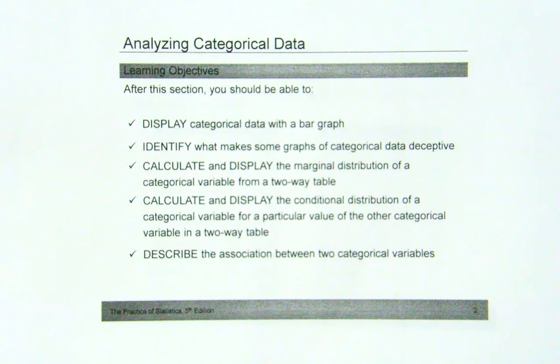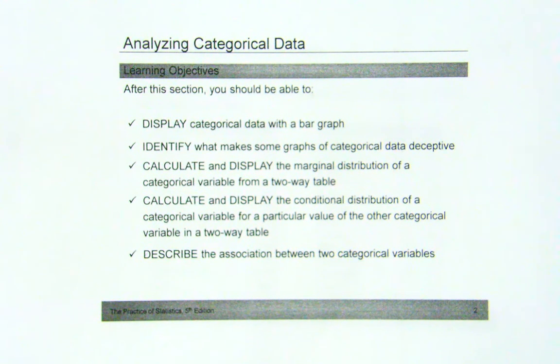In this section, your learning objective should be to be able to display categorical data with a bar graph, which I think most of you have done before. It's just a little bit of a refresher. Identify what makes some graphs of categorical data deceptive, and we'll talk about a couple of pictures in the book that look pretty deceptive.